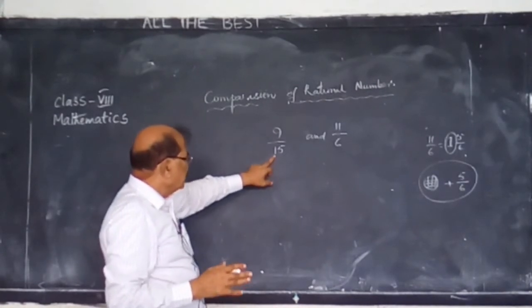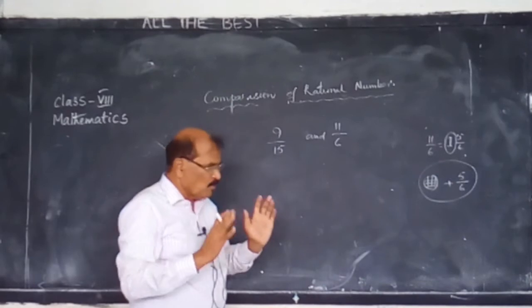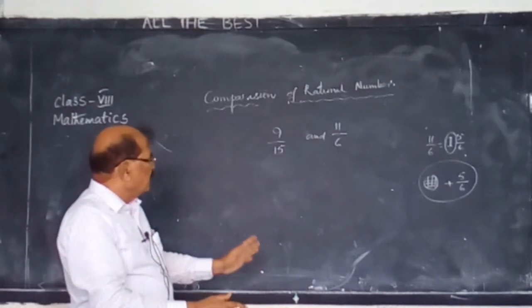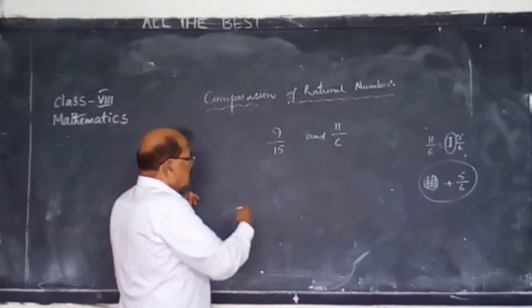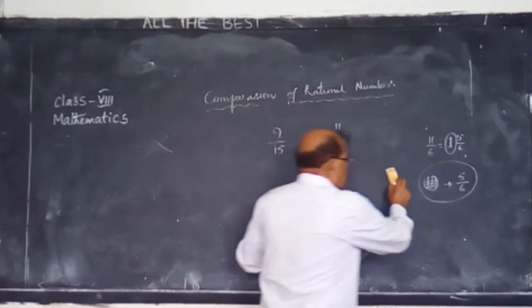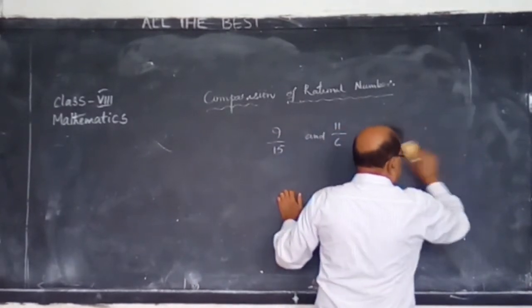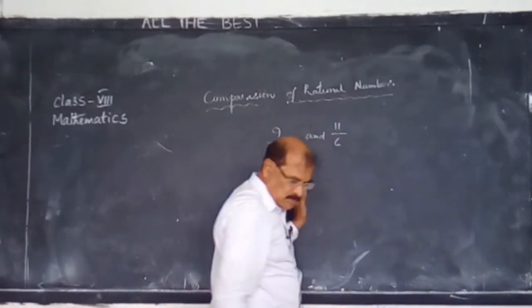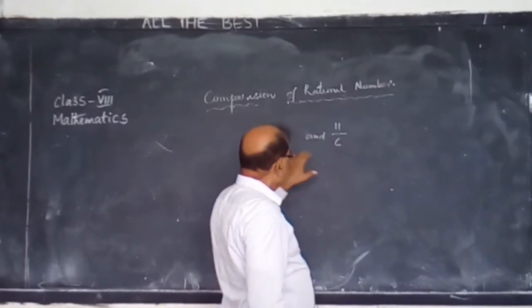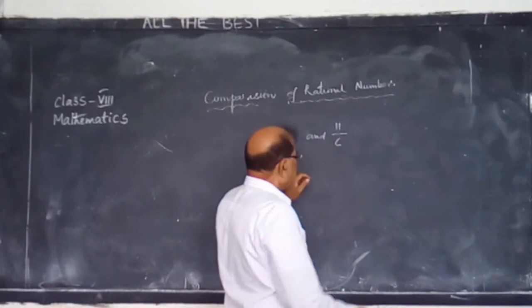Why? Because the denominator expresses how many equal parts are made. So basing on that principle, how many parts is feasible in these two rational numbers? What would be the denominator? We can make equal denominators.